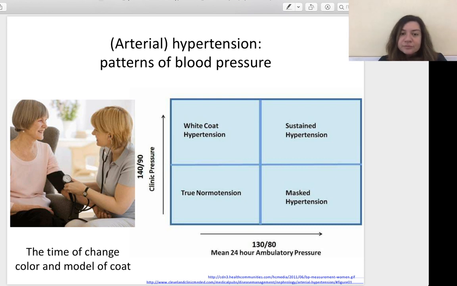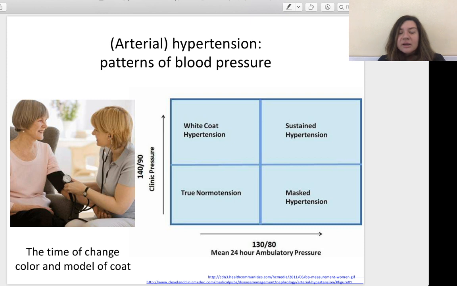If both of them are normal, it is true normotension. If both of them are increased, it is sustained hypertension. Here it is all simple. If clinic pressure is increased but we have normal numbers of ambulatory blood pressure monitoring, it tells you about white coat hypertension.